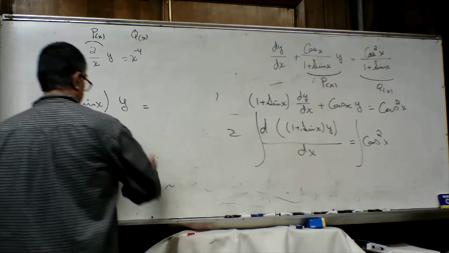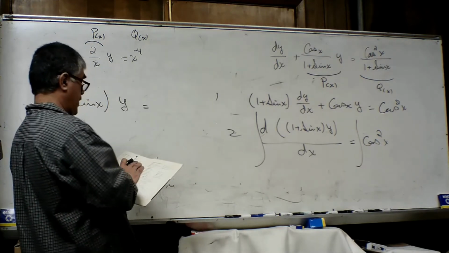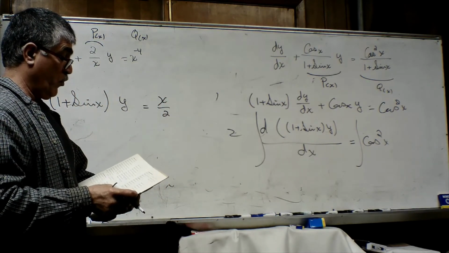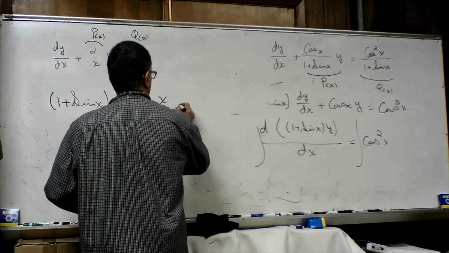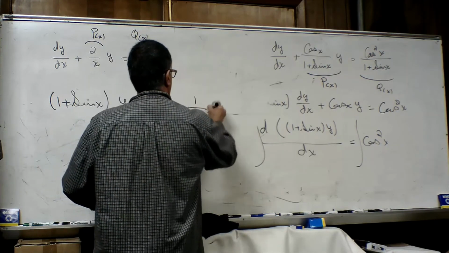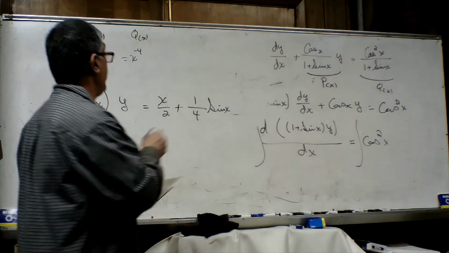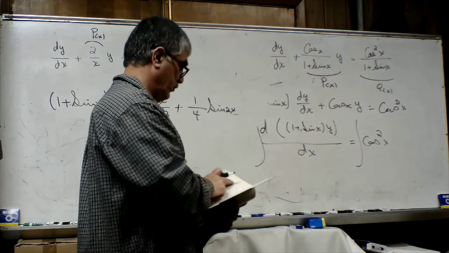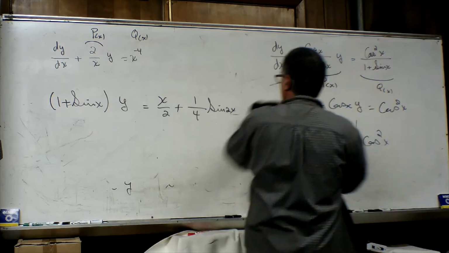The integration of cosine squared x is x divided by 2 plus 1/4 sine of 2x plus constant c.